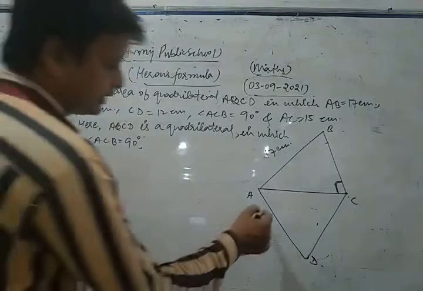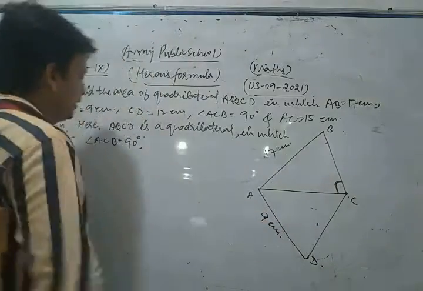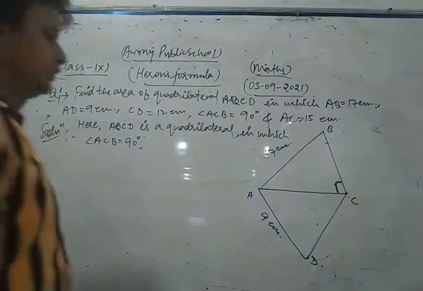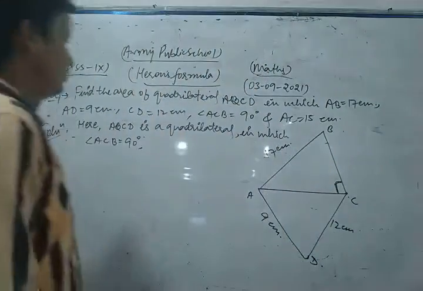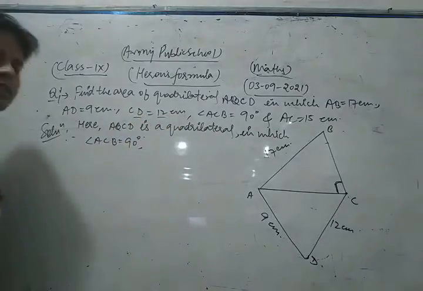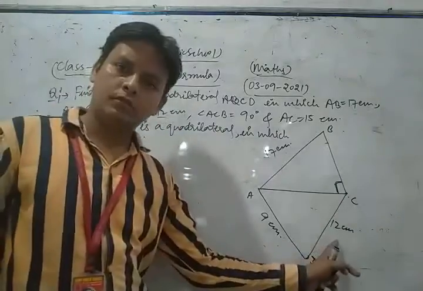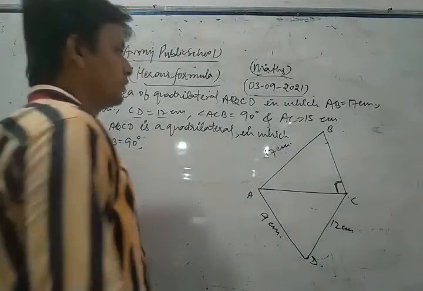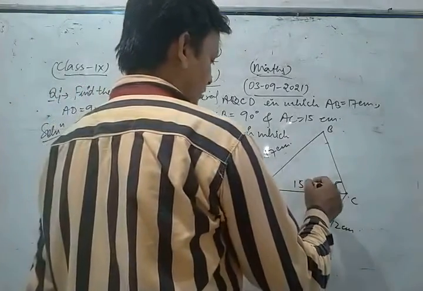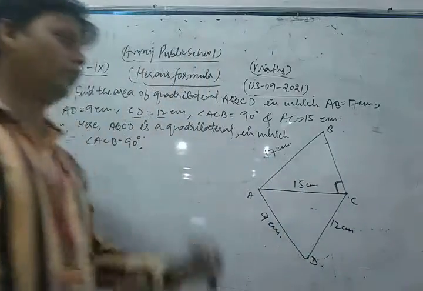AD is given as 9 centimeter. CD is given as 12 centimeter, and angle ACB is 90, and AC is also given as 15 centimeter.